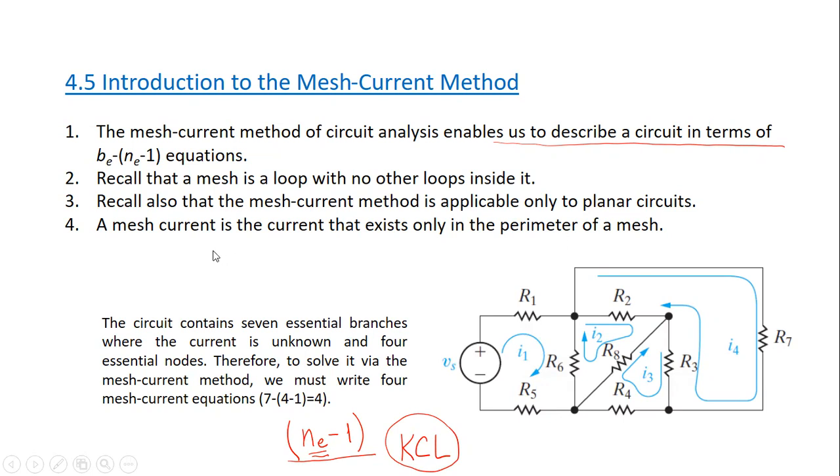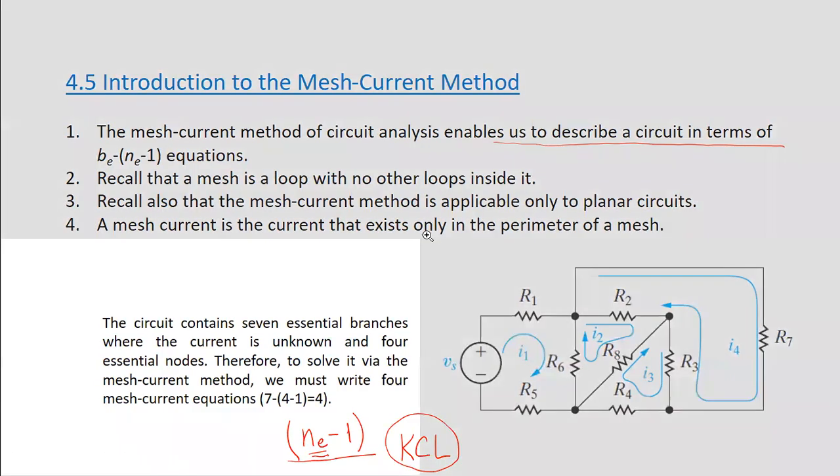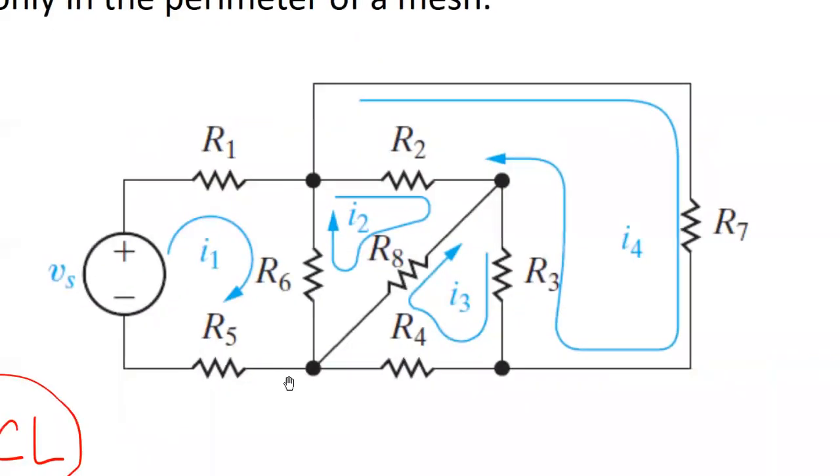So let me go back to the circuit. Let me zoom in. Okay, so we will have a current which is flowing in this loop. I will start with this. I want to describe I4. So current I4 is flowing in this loop like this, and like this, up through R3, through R2, and back to this one.